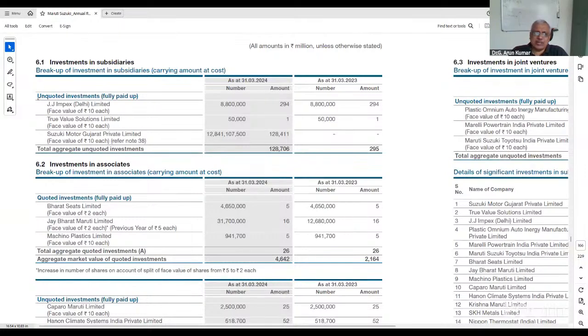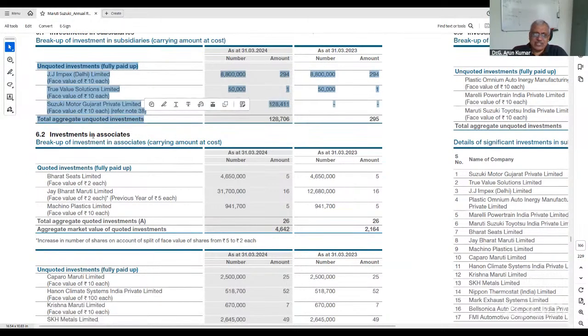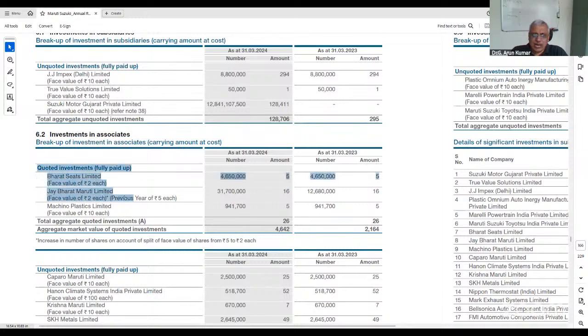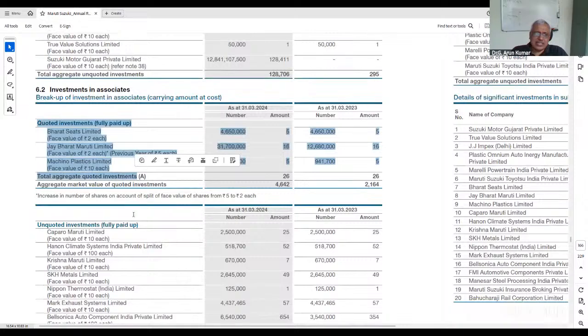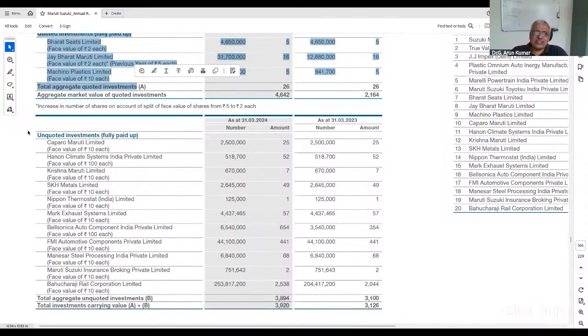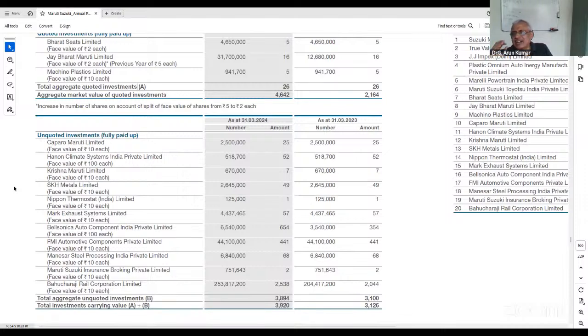Investment in subsidiary, breakup: JJ Impacts, True Value, Suzuki Motor Gujarat. Now, investment in associate company: Bharat Associate, Bharat Seeds, Machino Plastics. And then what is called unquoted investment. What is this unquoted investment? That means these stocks are not listed on a stock market. That is, the stock price of these is not quoted in any market.